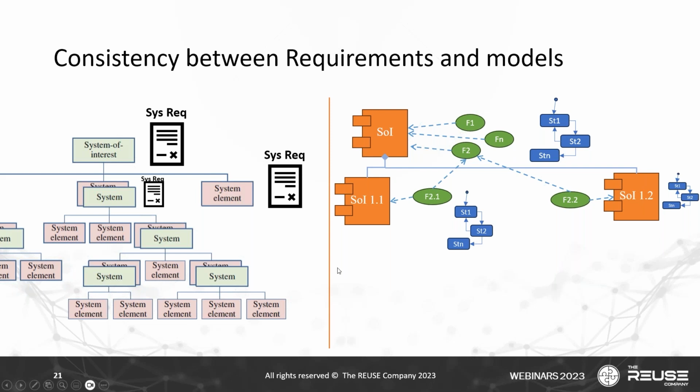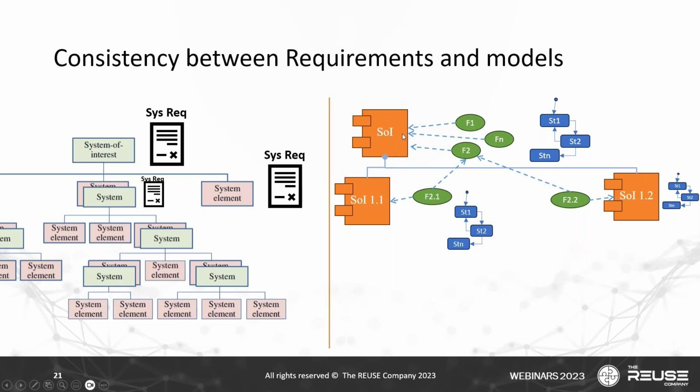But in parallel, on the right-hand side of the slide, we start with the architectural definition of the system of interest, where we define it as a logical component capable of performing a series of different functions, F1, F2, Fn, functions allocated, of course, to the system of interest, but at the same time functions that can be divided into sub-functions like F21 and F22, sub-functions that could eventually be allocated to different subsystems.